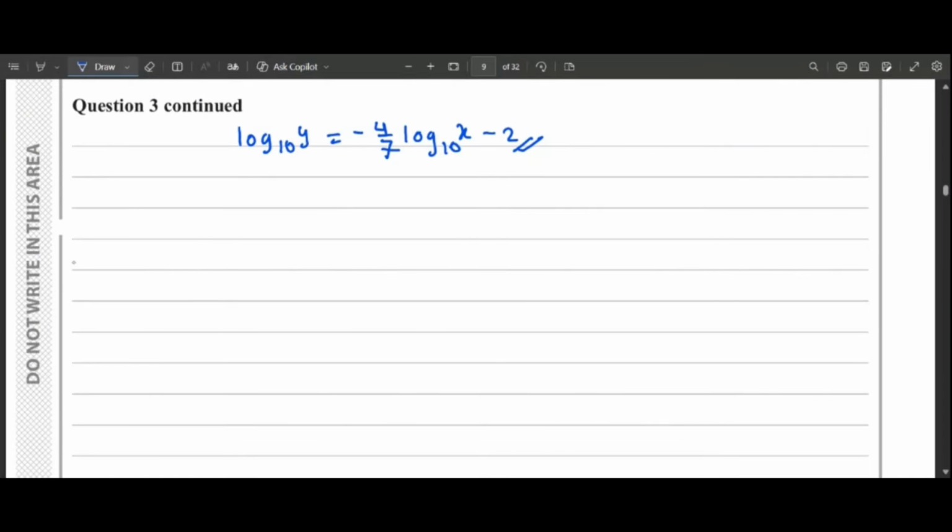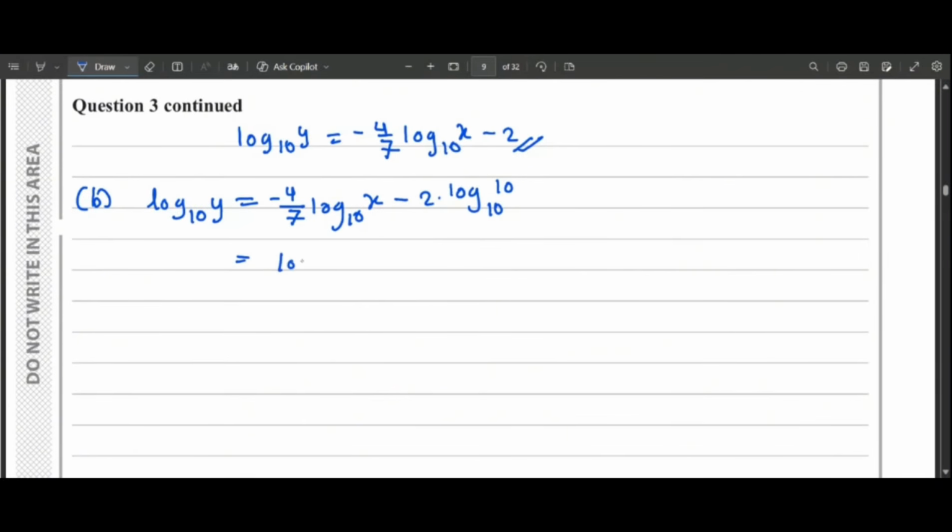So for part B, we can write log10 y equals -4/7 log10 x minus 2 log 10.